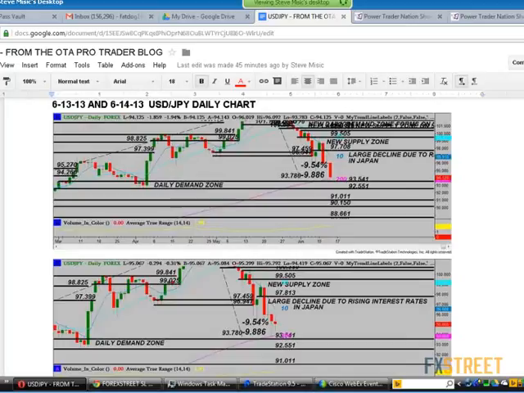The fall in the Japanese stock market meant that most of the traders were covering their short positions in the Japanese yen, and it caused an almost 10% drop. As you can see on this picture, from June 13th and 14th on the daily chart of the dollar versus the yen, it caused almost a 10% drop in the dollar versus the Japanese yen at that point.